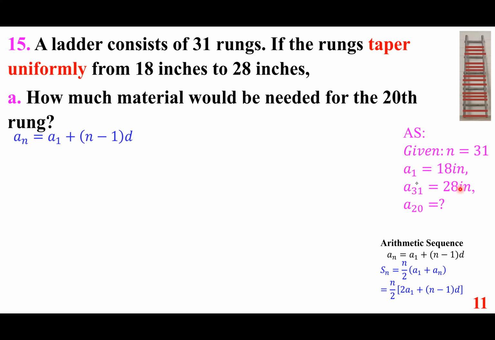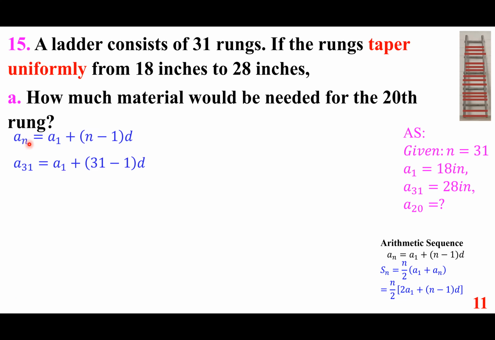That will help us come up with the d, because we need the value of d. So a sub 31, according to this formula, is a sub 1 plus 31 minus 1 times d, where a sub 1 can be replaced with 18.